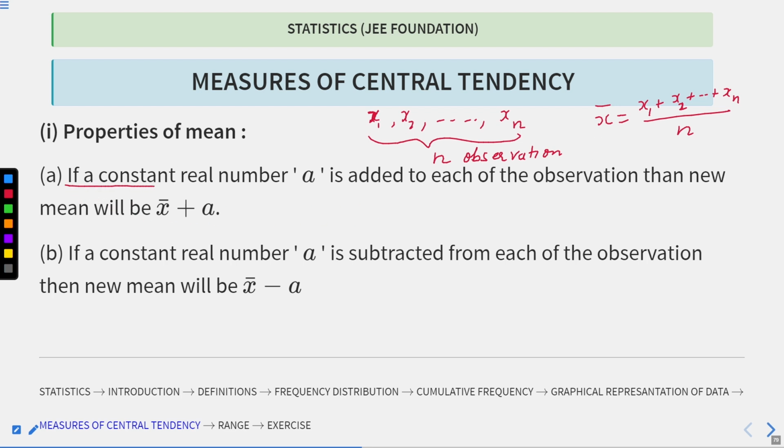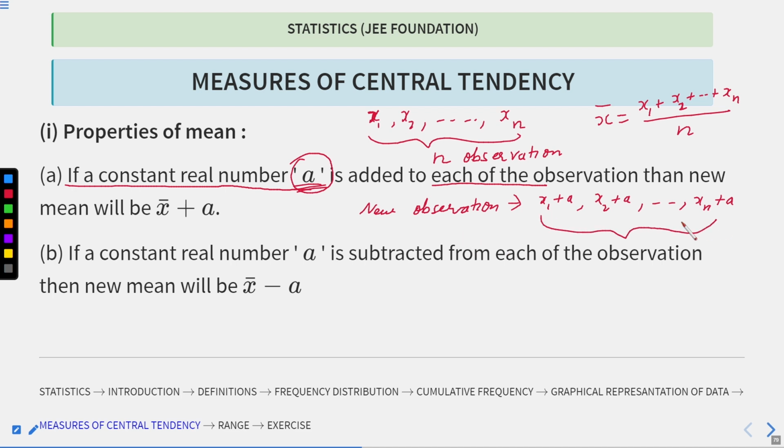And if a constant real number a is added to each of the observations, then the new observations will be x1 plus a, x2 plus a, because a is added to each observation, till xn plus a. So the number of observations remains the same, n.